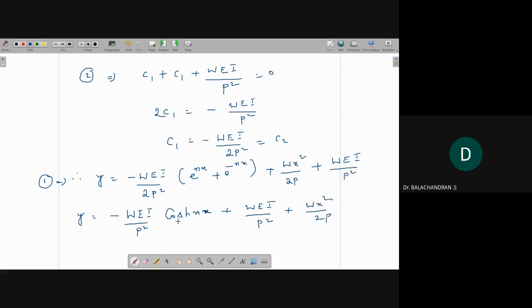From these two, you can take wl by p square common. If you take it common, y equals wl by p square, and the remaining we have 1 minus cosh nx plus w x square by 2p.